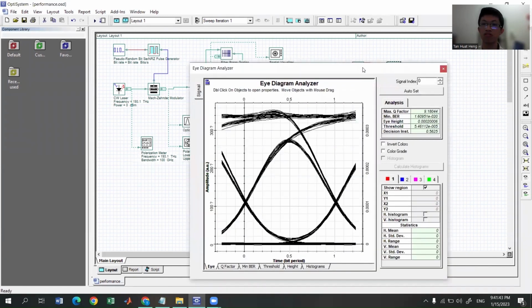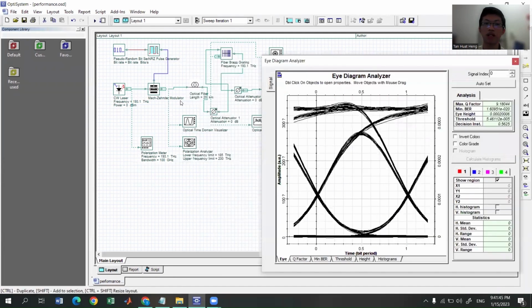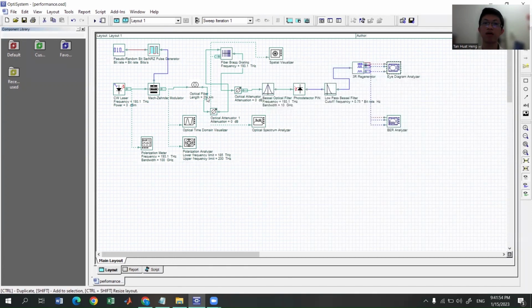This is the result for the optical fiber with 20 kilometers. We will repeat the simulation by retesting the optical fiber with lengths of 30 kilometers and 40 kilometers, and the result will be observed.